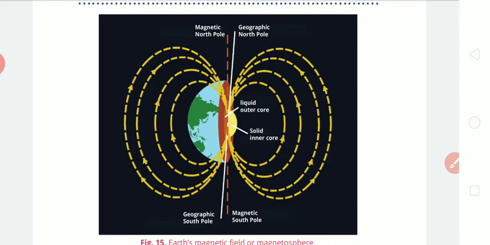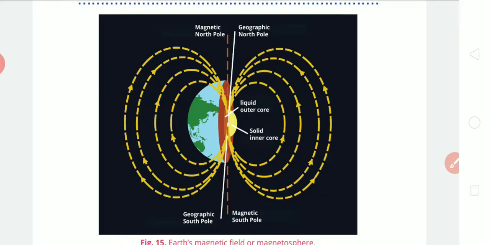So we have here the magnetic North Pole. Meron din tayong tinatawag na magnetic South Pole. Tapos, the geographic North Pole. Ang kining geographic North Pole, makita na siya nang nasa map. Kanang di ba na North and South Pole. So, naay division bale sa magnetic fields.